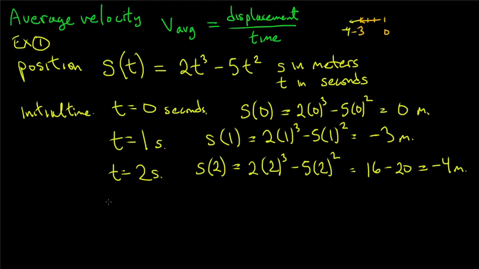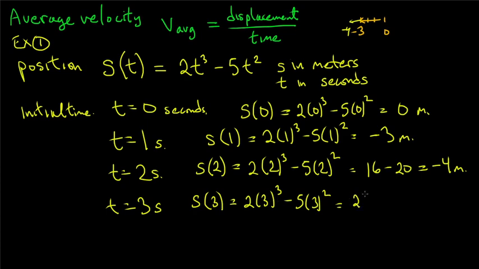All right, I'll do one more. After 3 seconds, this is 2 times 3 cubed minus 5 times 3 squared. So 2 times 27 minus 5 times 9.